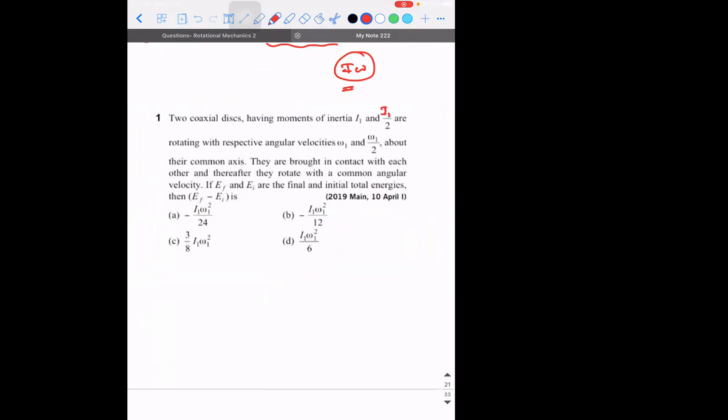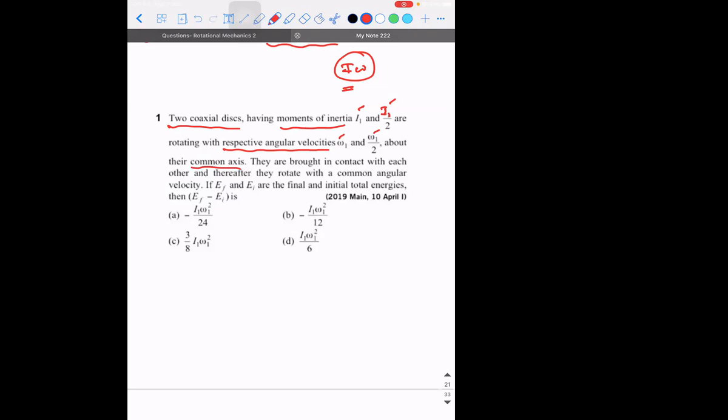There are two coaxial disks, meaning they share the same axis of rotation, having moments of inertia I1 and I1 by 2, rotating with respective angular velocities omega1 and omega1 by 2 about their common axis. This is the information that is given.